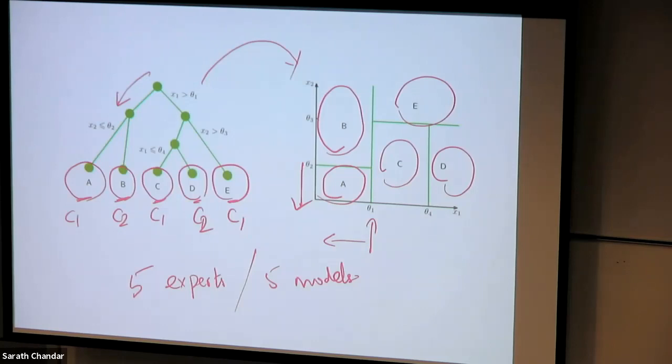However, if you consider this as having 5 different experts, there is no reason why you should always ask only one expert for prediction. You can ask all the experts to make a prediction, or you can ask a subset of experts. So in some sense, I'm coming up with 5 different classifiers here, and I'm using only one at a time.